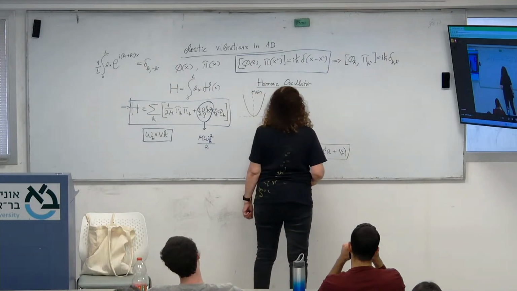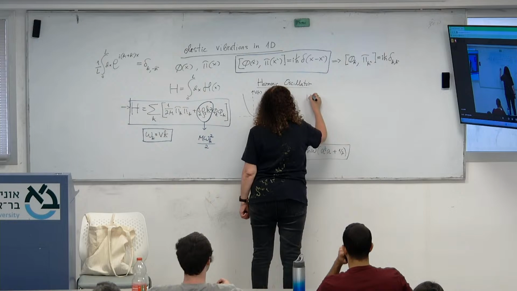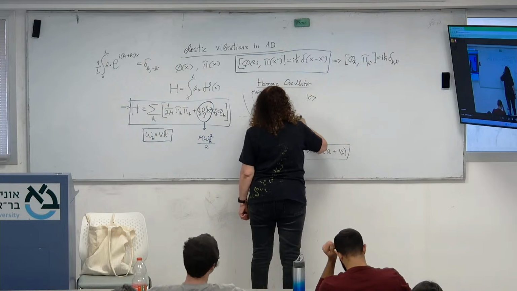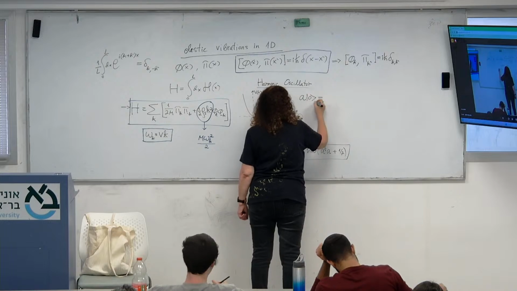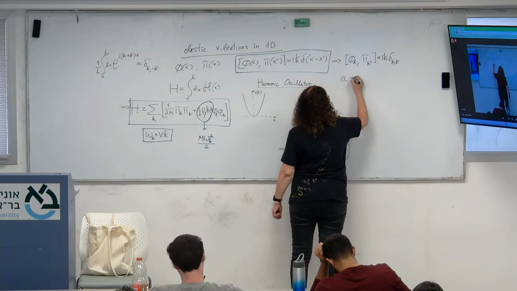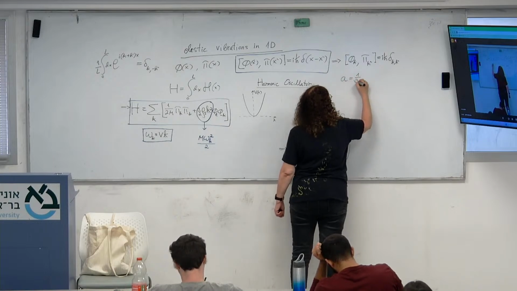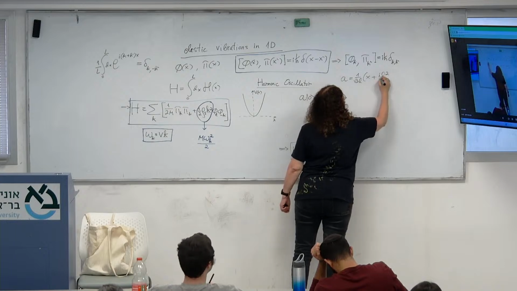So there is a ground state, and the ground state is something that obeys, if you apply the operator A on it, okay, this is what it is.